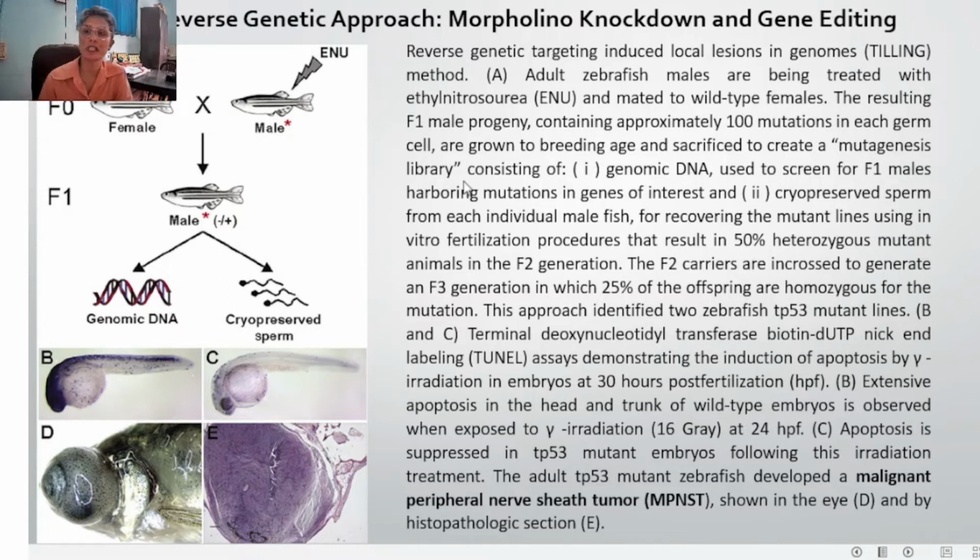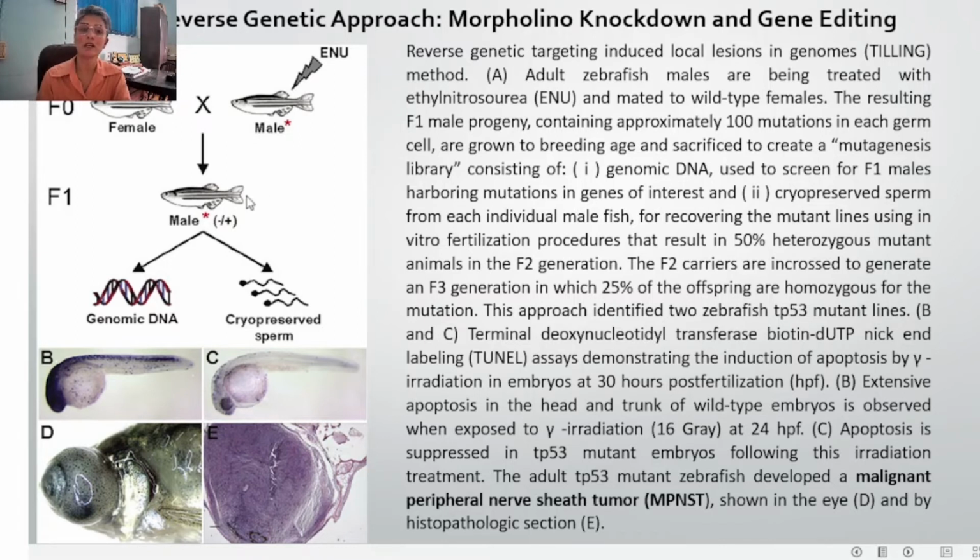What is a mutagenesis library? A mutagenesis library consists of genomic DNA used to screen for F1 males harboring mutations in a gene of interest, and cryopreserved sperm from each individual male fish for recovering the mutant line using in vitro fertilization. So all the males from the F1 generation will be utilized for the preparation of the mutagenesis library, because these males have genomic DNA harboring mutations in the gene of our interest.